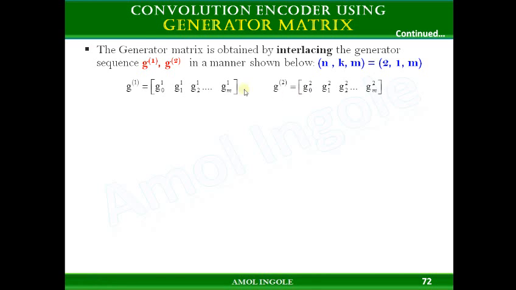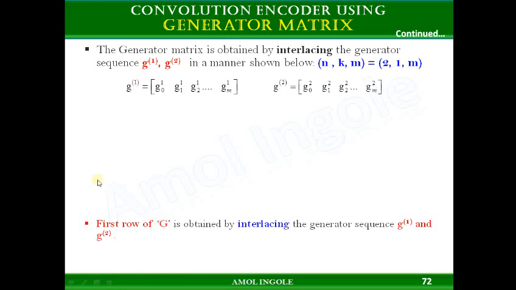The generator sequences can be written in this way, where this is generator sequence G1 and it will have m plus 1 number of bits as a length of the generator sequence.